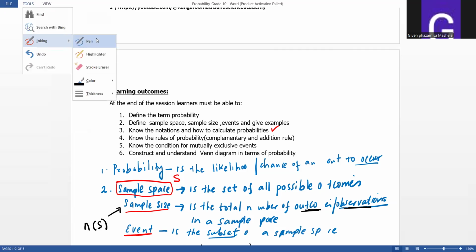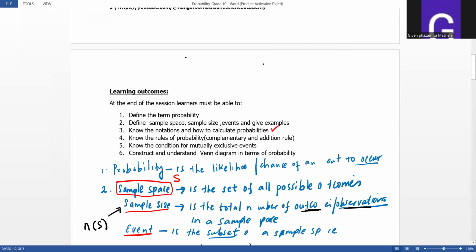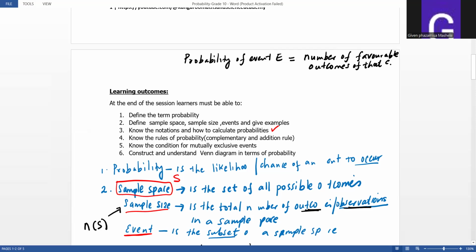If we say probability of event E to occur, this will be the number of favorable outcomes of that event, let's call this event E, divided by the total number of observations or outcomes in a sample space.